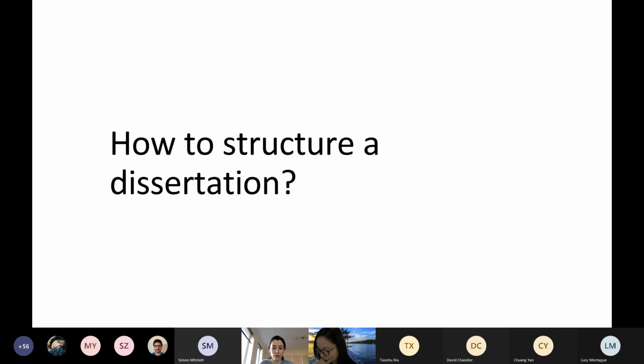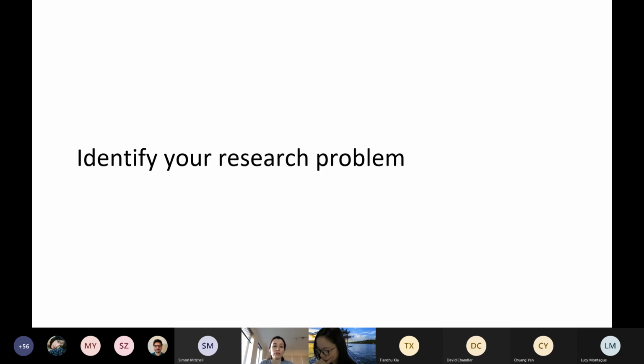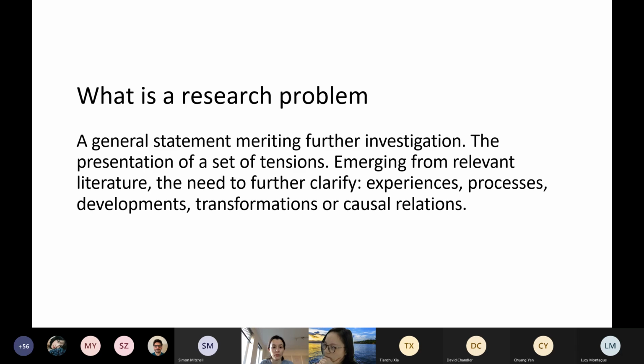So how to structure your dissertation? I would say that you can start by identifying a research problem. A research problem is a general statement that requires further investigation. It could be a set of tensions. It could be a controversy. You could find it in relevant literature.